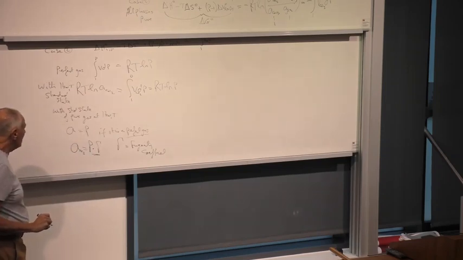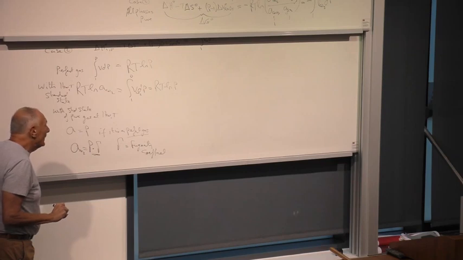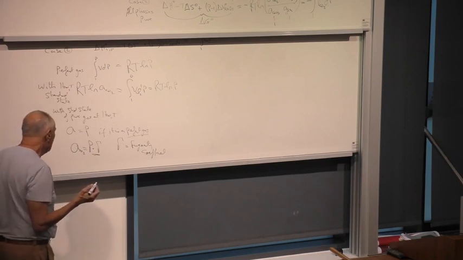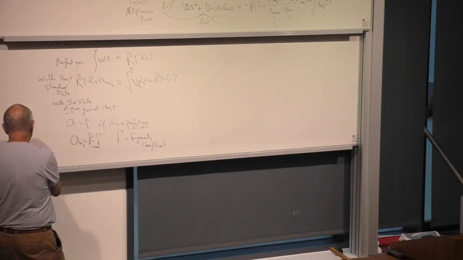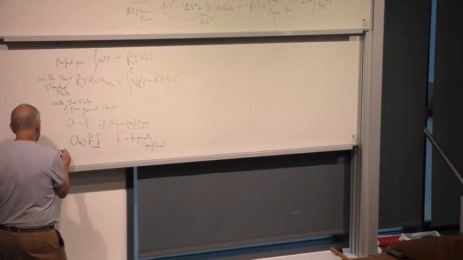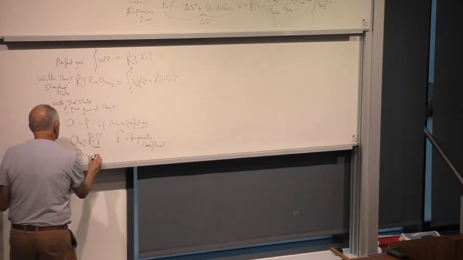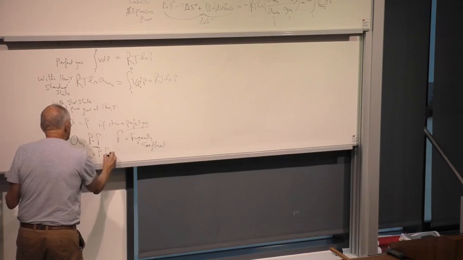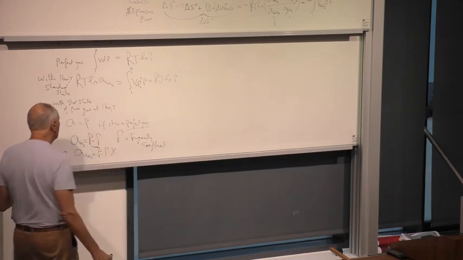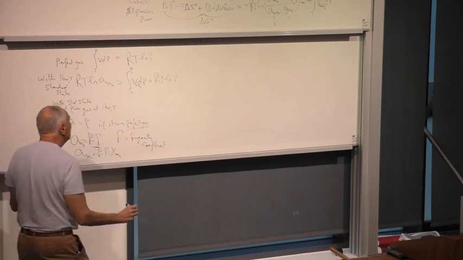And if CO2 isn't pure in the mixed case in nature, which it often isn't, then the activity of CO2 will equal P times capital gamma times X, where X is the mole fraction, X CO2.